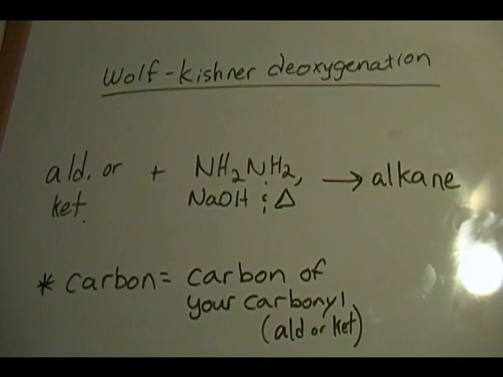So if you can identify that star carbon, basically the carbon of your aldehyde or ketone, it will be really easy to draw the product, okay? So get into the habit of labeling the carbon of your carbonyl with a little star, and at the end when you make your product, get rid of that little star, okay? And you'll understand what I'm talking about as we proceed with the examples, okay?